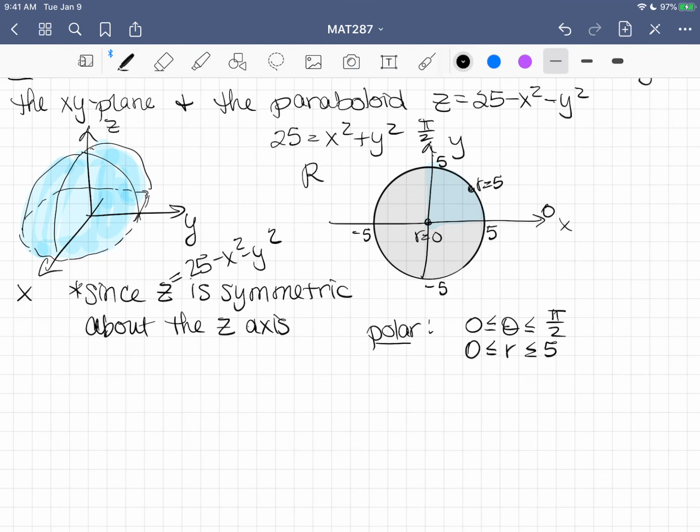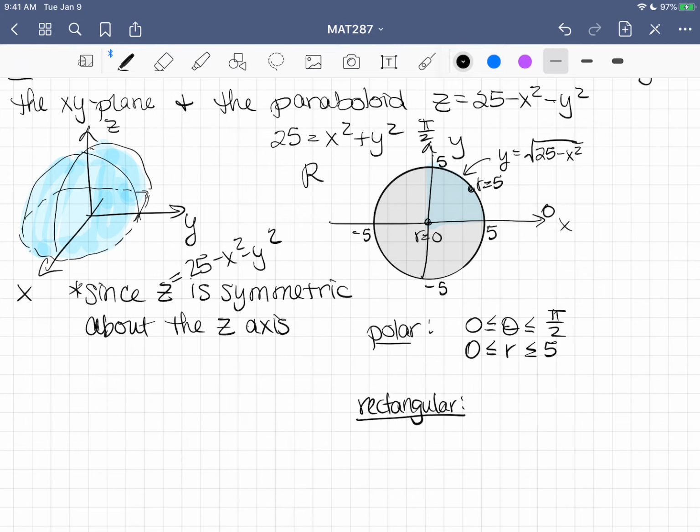All right, what if I wanted to use rectangular coordinates to describe this? Well, this is the top half of the circle of radius 5. So this has the equation y equals the square root of 25 minus x squared. It's the positive square root because we're on top.